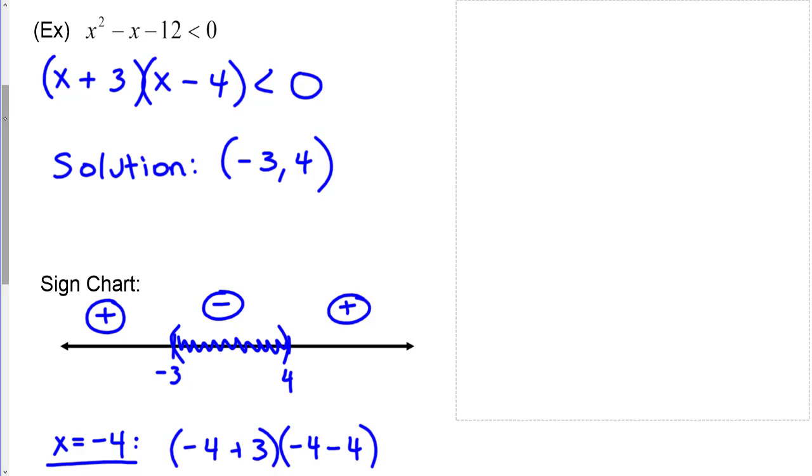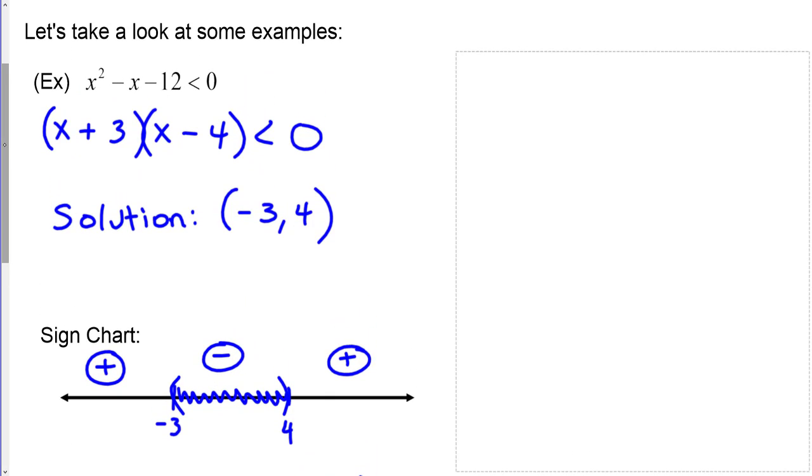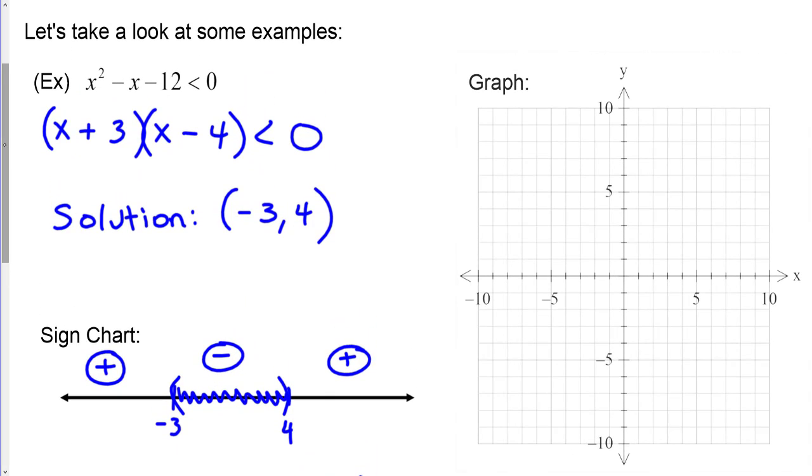I'd like to show you a graph of this so you can further understand how this is working. So let's do a quick sketch of this graph. X squared minus x minus 12 is a polynomial, and the zeros of this polynomial are at -3 and +4. Now, I'm not going to be terribly accurate with the rest of my polynomial.